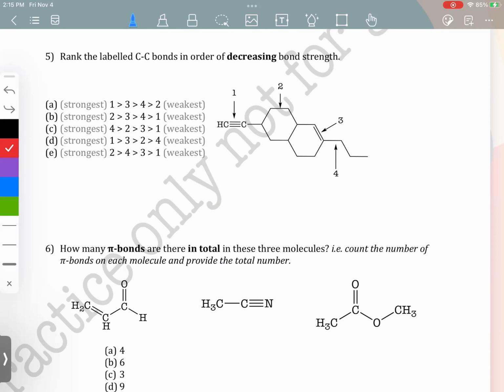Rank the labeled carbon-carbon bonds in order of decreasing bond strength. So you have a triple bond here. One's pointing to a triple, two's pointing to a sigma, or a single, say sigma. 3 is pointing to a double, and 4 is also pointing to another sigma.